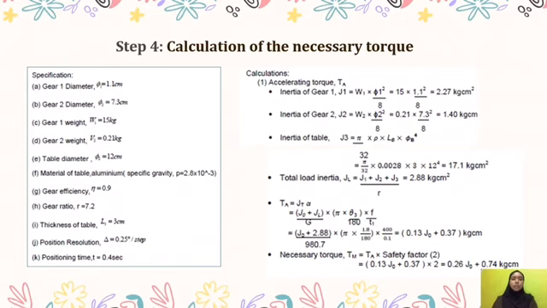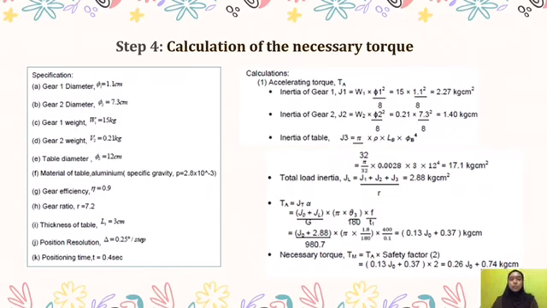G. Gear efficiency N equal to 0.9. H. Gear ratio, radius equal to 7.2. I. Thickness of table. J. Position resolution. K. Positioning time T equal to 0.4 second.